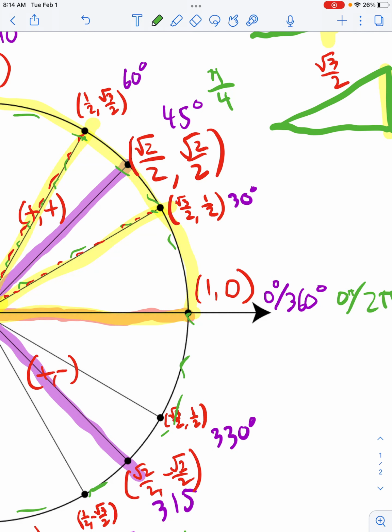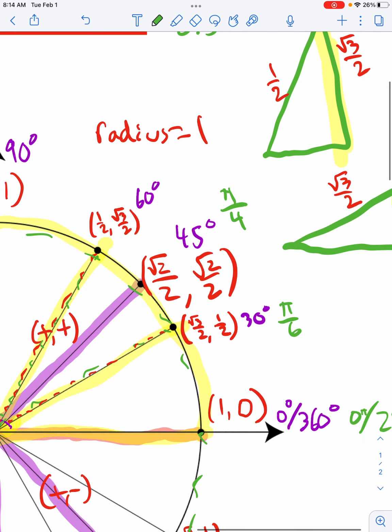So again, instead of calling it 30 degrees, I can say that this is pi over 6. Okay, so this is pi over 6 radians. So if I add another pi over 6, I'm going to end up with 2 pi over 6. However, this can be reduced to pi over 3.